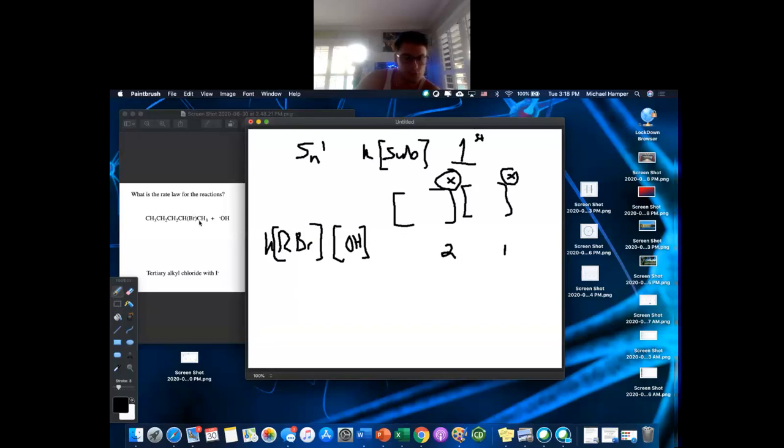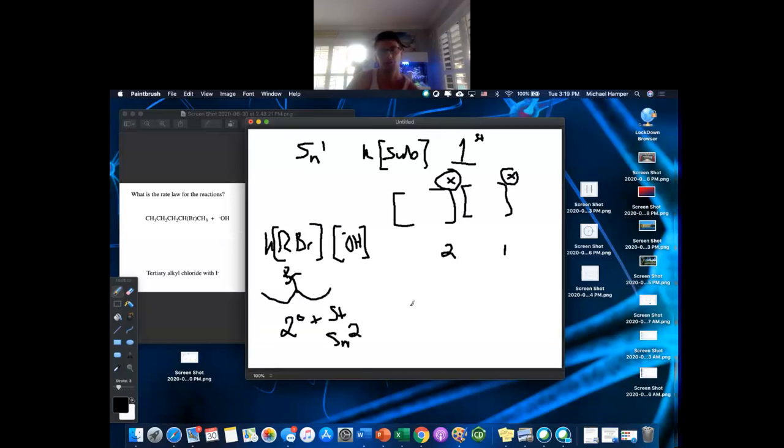So this, if you draw it out, will be like that. So what is this? This is a secondary, and anything with a negative charge is strong. With a secondary substrate and a strong nucleophile, you have an SN2 reaction.